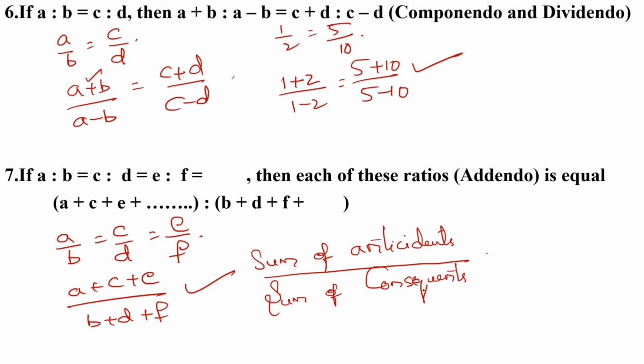Sum of antecedents by sum of consequents. This is called the addendo property of proportion.